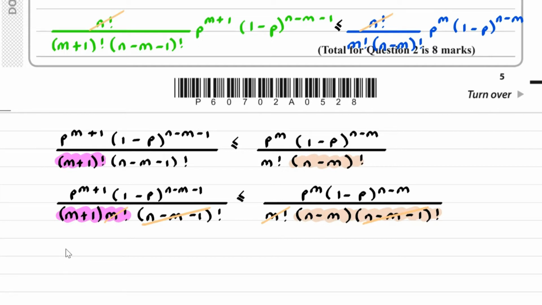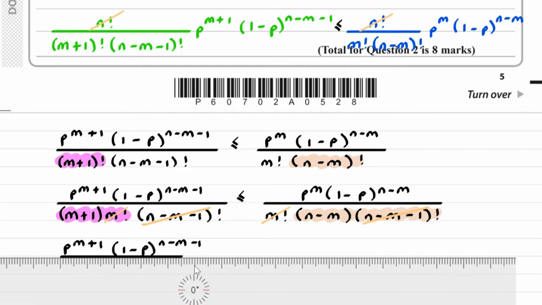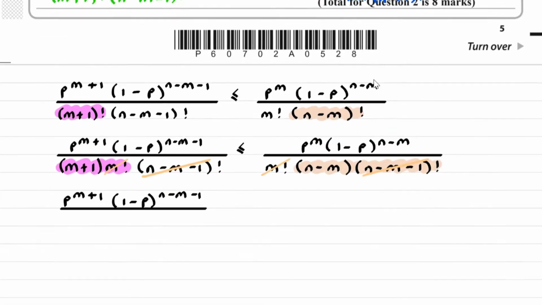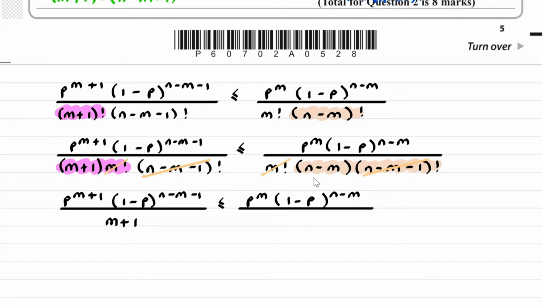So I'm left with p to the m plus 1 times 1 minus p to the n minus m minus 1, and I'm going to divide this by m plus 1, and this is less than or equal to p to the m times 1 minus p to the n minus m divided by n minus m.